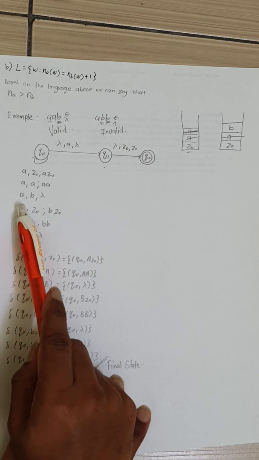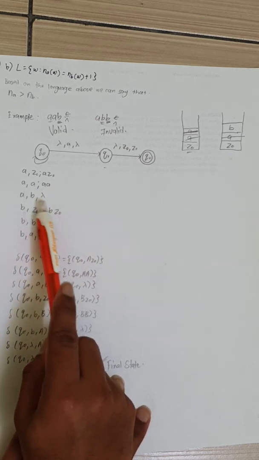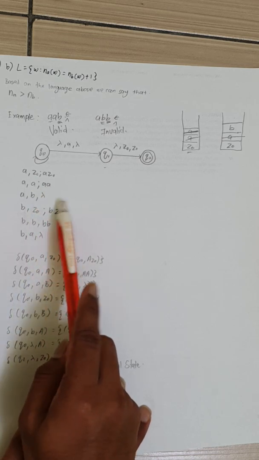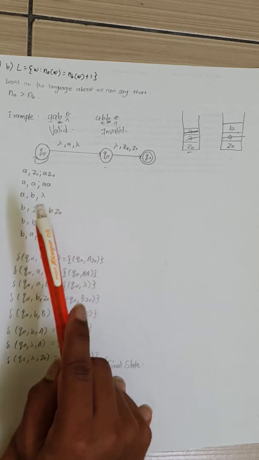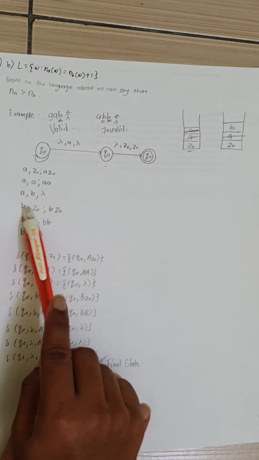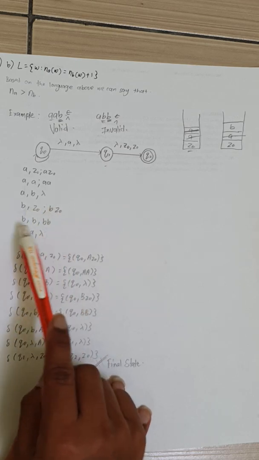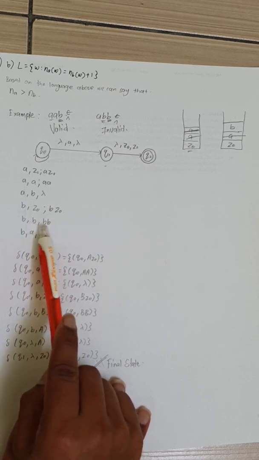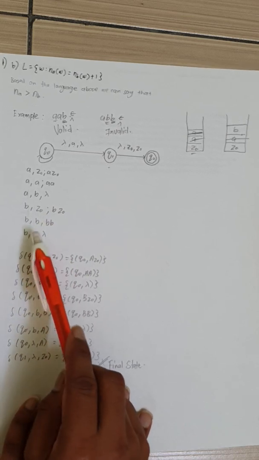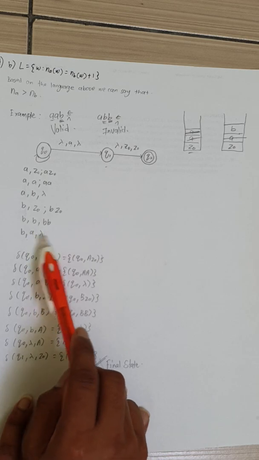When B is scanned and A is the topmost symbol, the stack becomes empty and the symbol is removed. Whenever B is input and the topmost symbol is Z0, it becomes B Z0, and when the input symbol is B and the topmost symbol is B, it becomes BB.